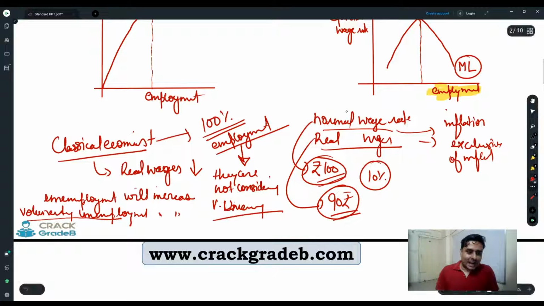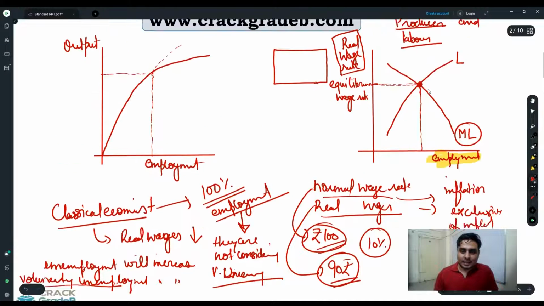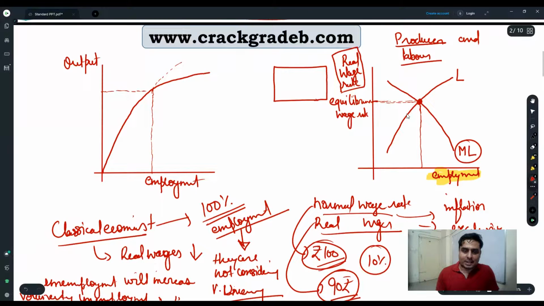Then on the basis of this theory, they are saying that if the wage rates are going to be low, some people may remain unemployed, but they choose to remain unemployed. Why? Because they feel that wages are low and will increase. So they are waiting until wages increase, then they will be employed.